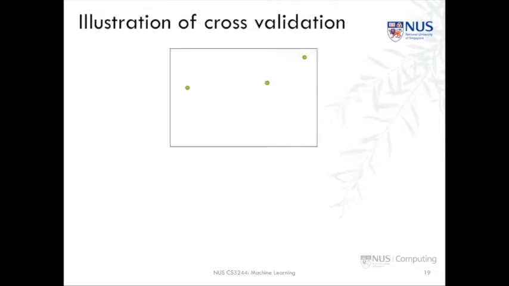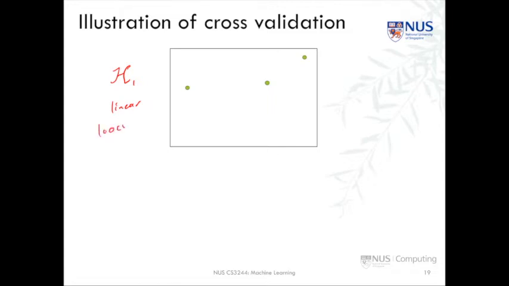Let's take a look at cross-validation in action by looking at this familiar example of univariate regression. Here we're going to learn a target function of class H1, which means a linear line with slope and intercept. And we're going to choose, in this case, a data set of size 3.